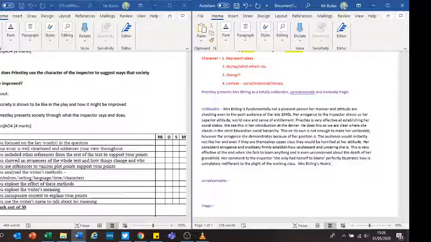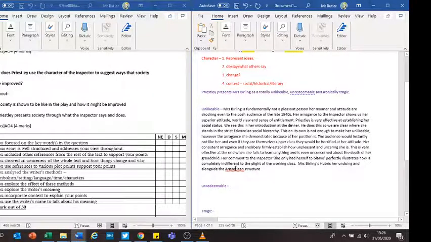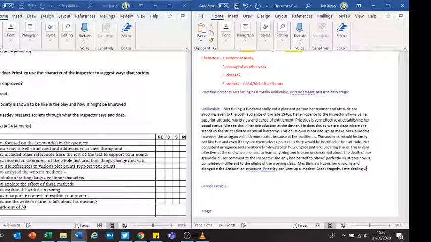Mrs. Birling's hubris, her undoing, alongside the Aristotelian structure, Priestley conjures up a modern Greek tragedy. Fate dealing with their fault.